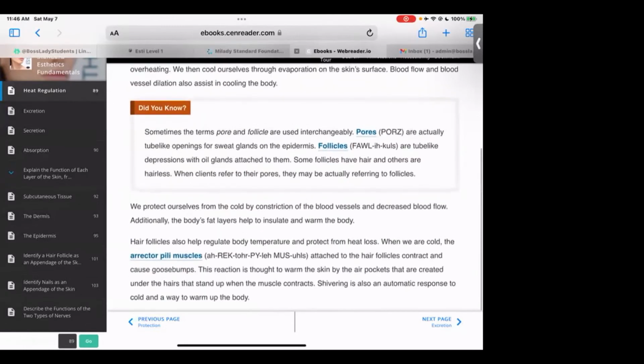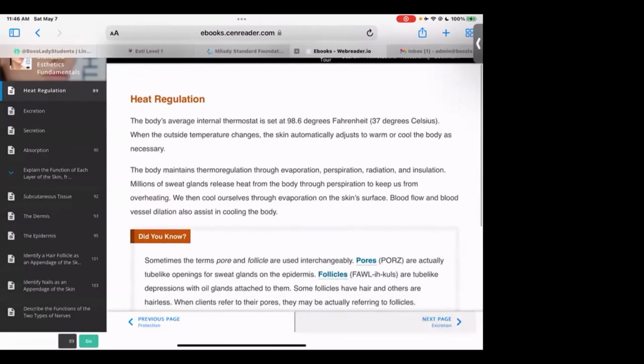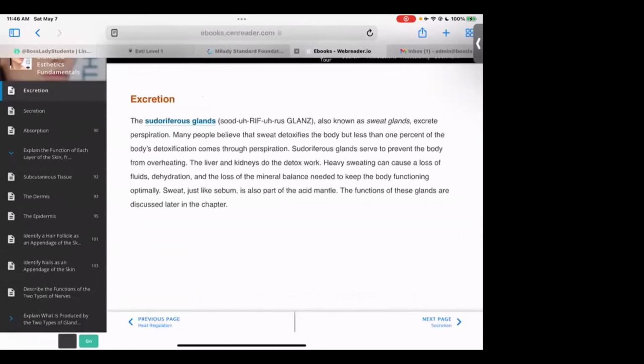We're going to go through the rest of heat regulation real quick, and we'll go through excretion so that we can get through the rest of them. Excretion: the sudoriferous glands, also known as sweat glands, excrete perspiration. Many people believe that sweat detoxifies the body, but less than 1% of the body's detoxification comes through perspiration.